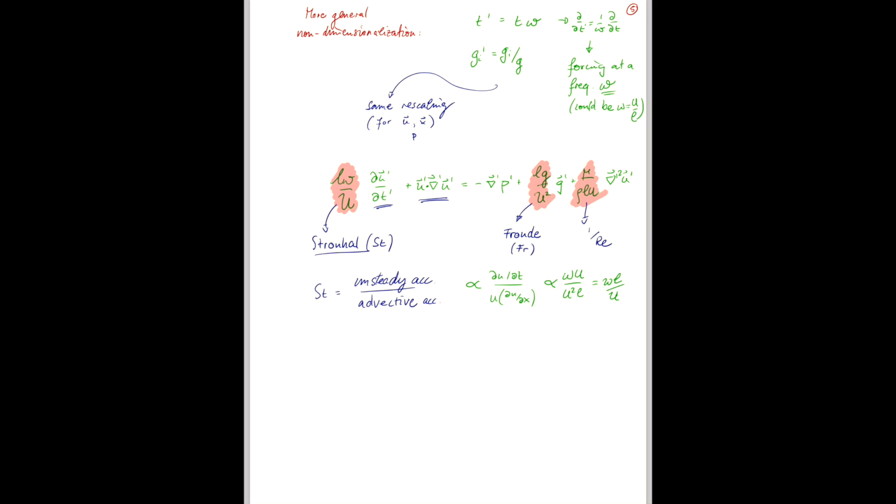So it's a non-dimensional parameter, and when omega is u over L, as we had it in this case up here, then this term, the Strouhal number, goes to 1. And then you're only left with the Froude and the Reynolds number.